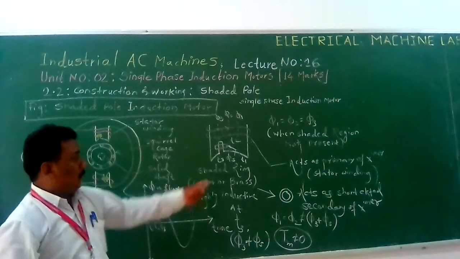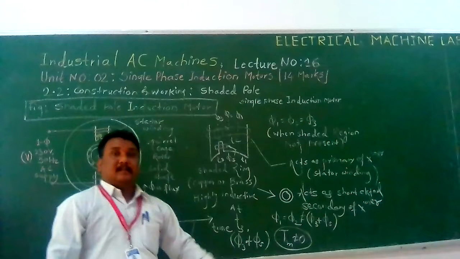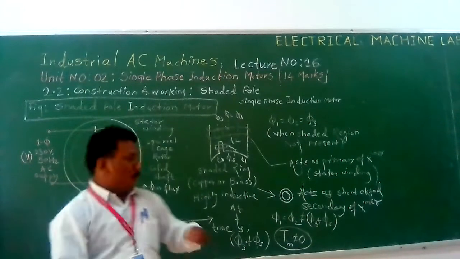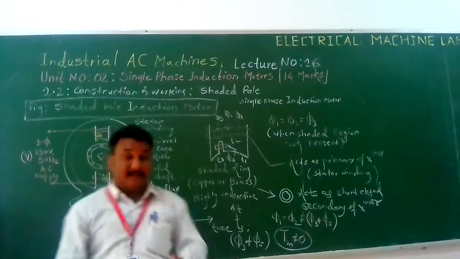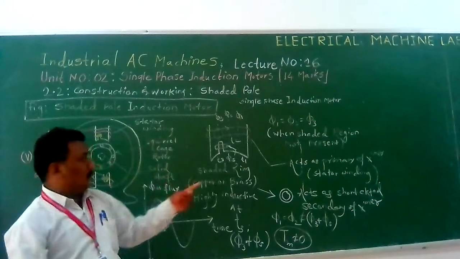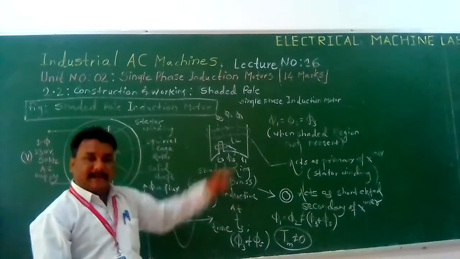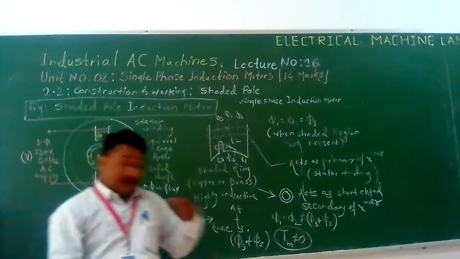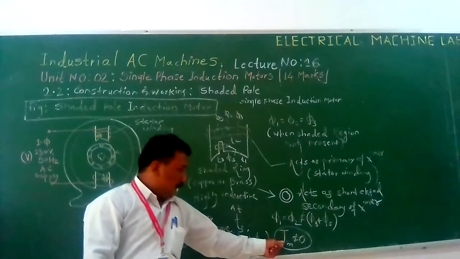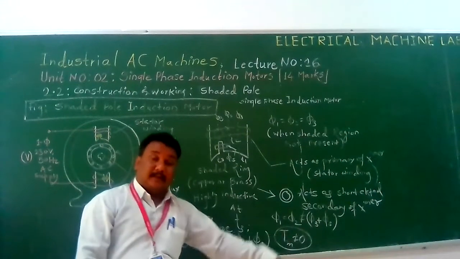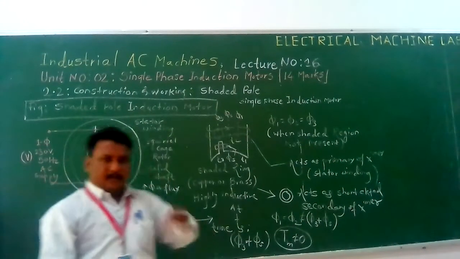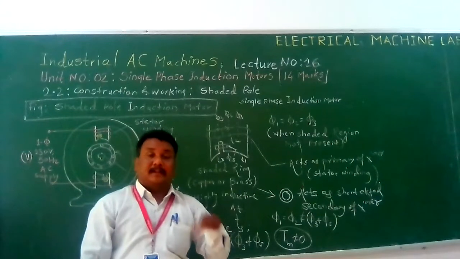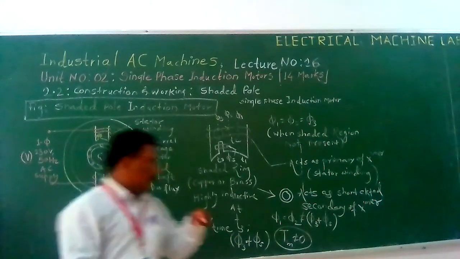Due to the shaded pole region or shaded ring, both the supply cycles will be unbalanced due to the additional flux produced by the shaded rings, and this is the condition when the net torque is not equal to 0, meaning some torque will remain present in the rotor.